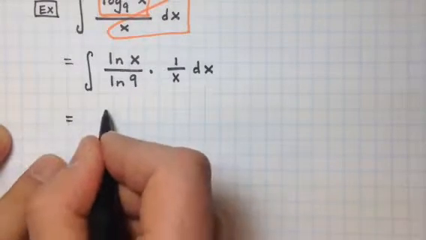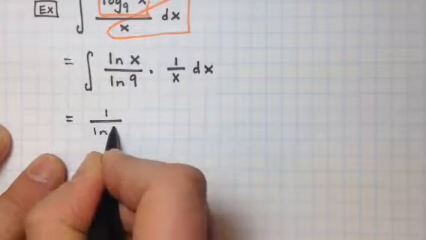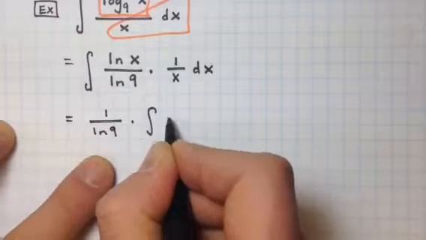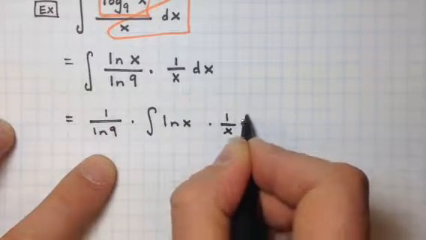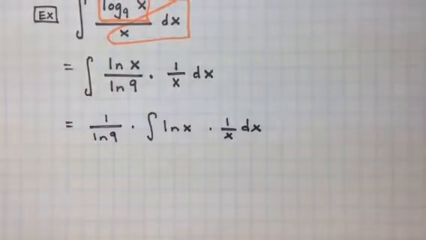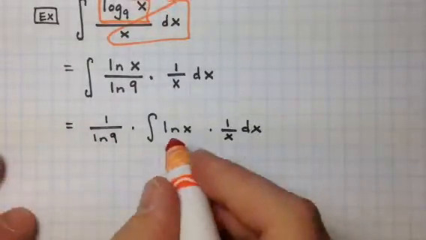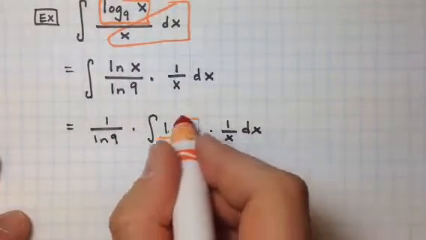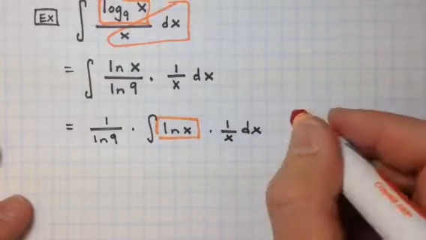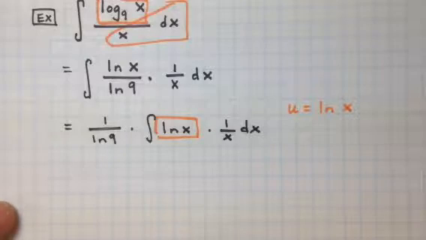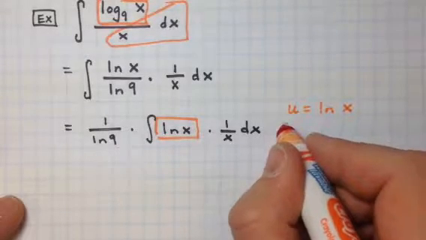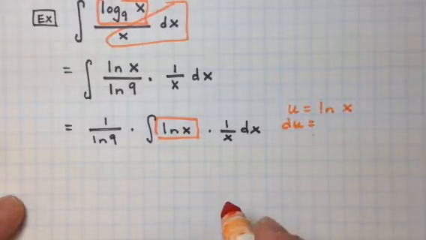So I'm going to pull that out. And now we have a situation where we can do a u sub. If we were to say that u is equal to the natural log of x, well, that has a very convenient du.